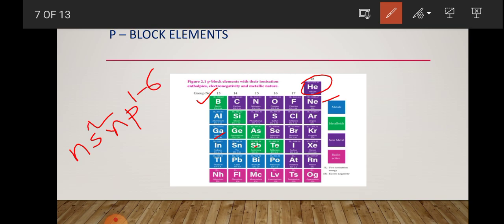This is the outermost electronic configuration of p block elements.